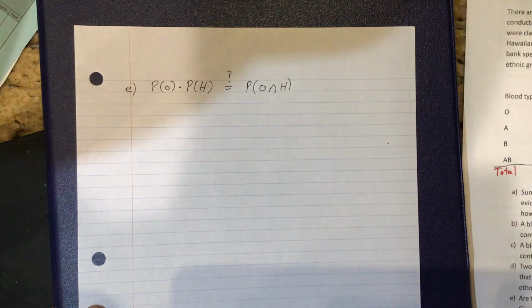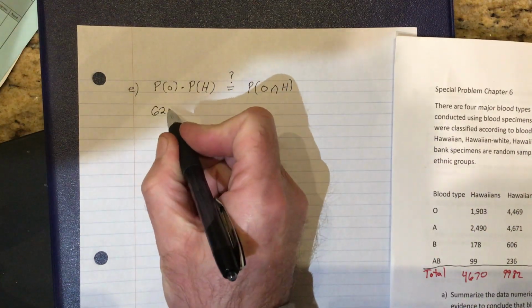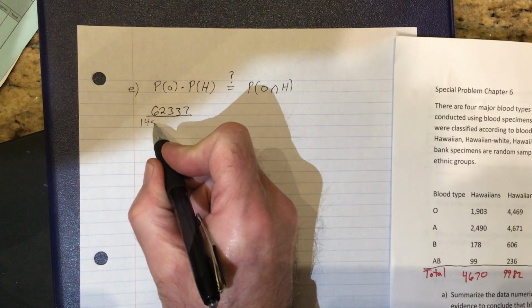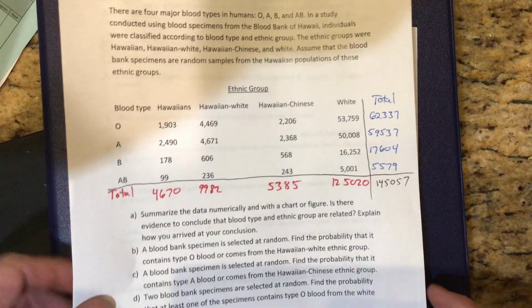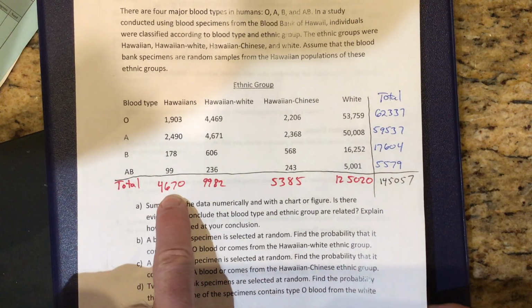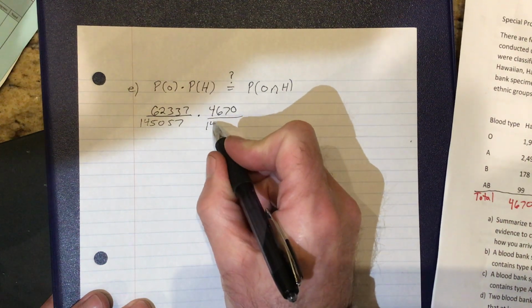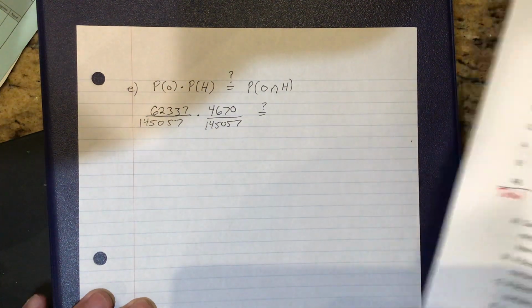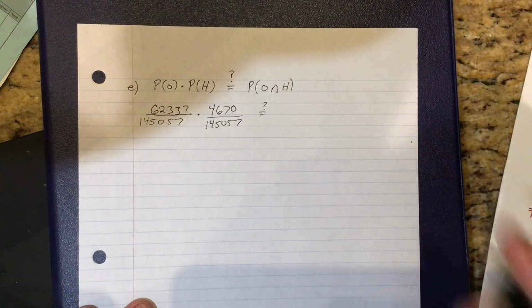All right, so probability of O is the 62,337 out of the grand total. Okay, probability of Hawaiian ethnic group, 4670 out of, again, the table total. And the question is, does that equal O intersect Hawaiian? So O intersect Hawaiian right there, 1903.